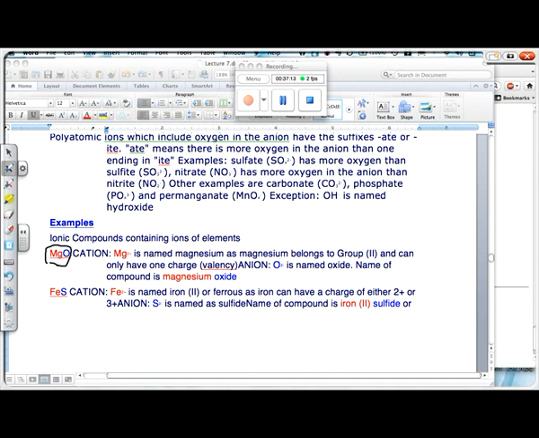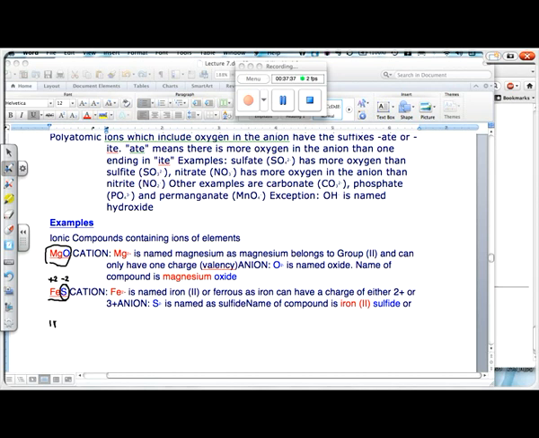Now, what do you do when you have a transition metal like this one and you have to name it? Well, you look to the right. Look at what it's with. Sulfur. What is sulfur's charge? It's -2, and I have one of them. So iron must be +2. So you're figuring out the charge on the transition metal because you have to include it in the name.